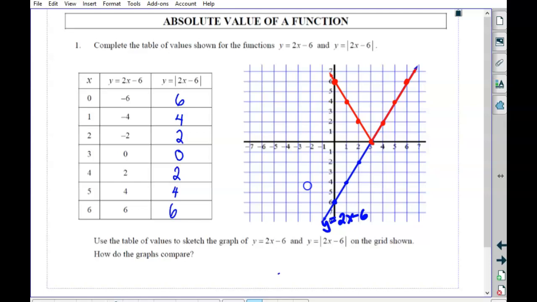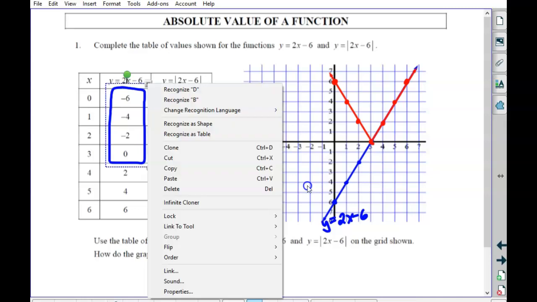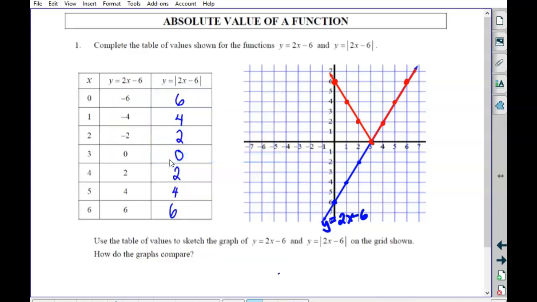So what's happened here? These points here are not changing at all. So when our original y value was greater than or equal to 0, these didn't change.